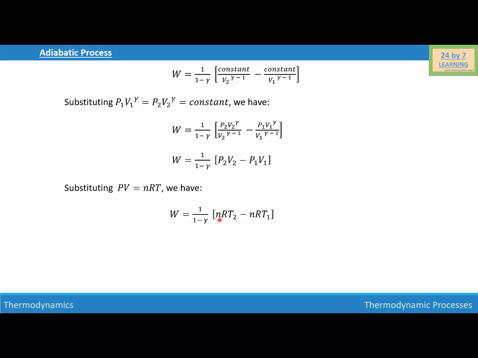And as you can see, nR is constant, so we will take that out and we will write W is equal to nR over 1 minus gamma, and inside the bracket I have T2 minus T1. And this is how we will find the work done for an adiabatic process.